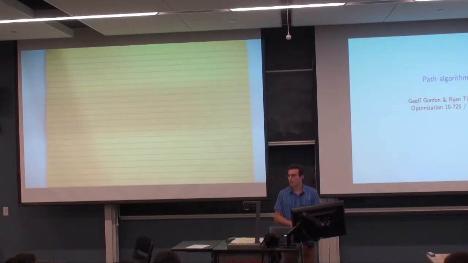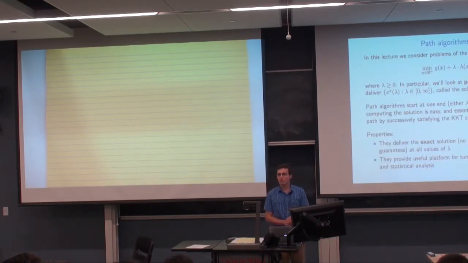So another nice kind of special topic, especially because this is an ML course. Are there questions about coordinate descent from last time before I go on to path algorithms? People have any questions about that? Okay.